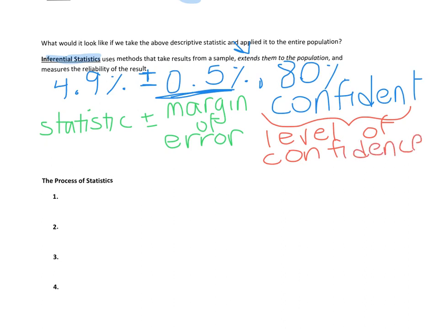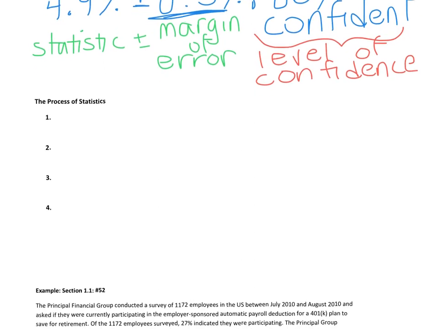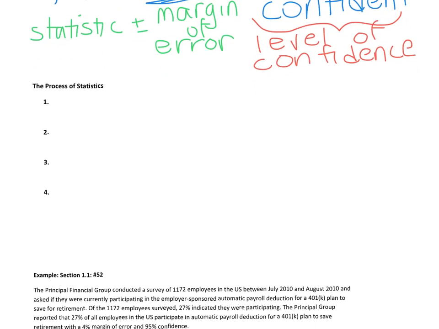For now, we just have to know that inferential statistics takes a result from a small sample and extends it to the population. Okay, so that example outlined the process of statistics. First, we had a question that we wanted to answer. So we call that the research objective.